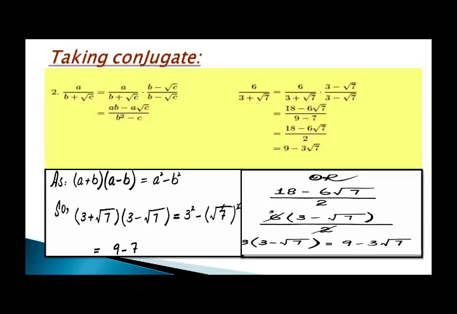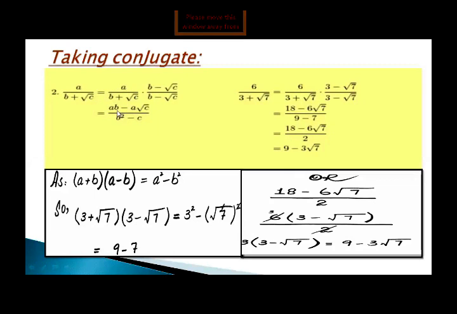So here we have a over b plus root c. In the same way as before, we multiply and divide by the conjugate of the denominator, that is b minus root c. We write the statement: multiply and divide by the conjugate. Then numerator multiplied by numerator and denominator multiplied by denominator.